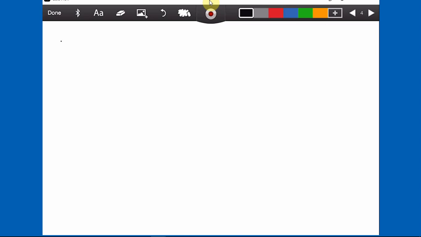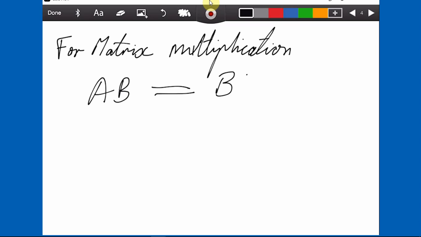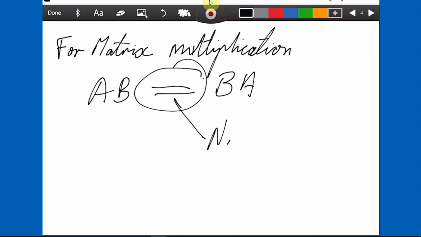For matrix multiplication, AB does not equal BA, but there's a big proviso, not necessarily.